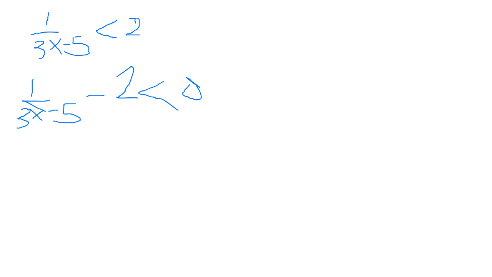Then we find the LCM, which will be 3x minus 5. Now 3x minus 5 will cancel 3x minus 5. I'm going to have 1 here. Then 1 will go here. So I'll have minus 2 into bracket 3x minus 5.